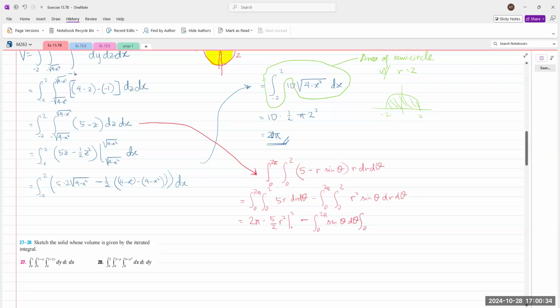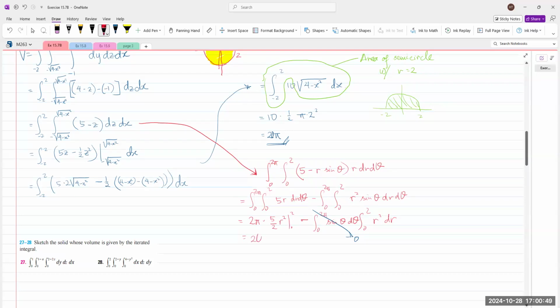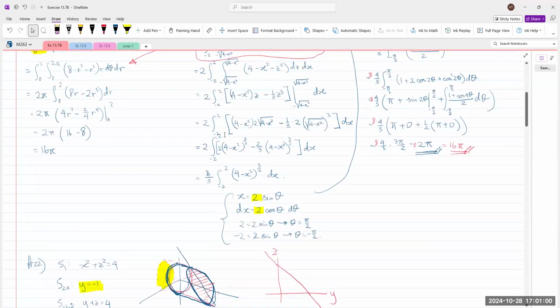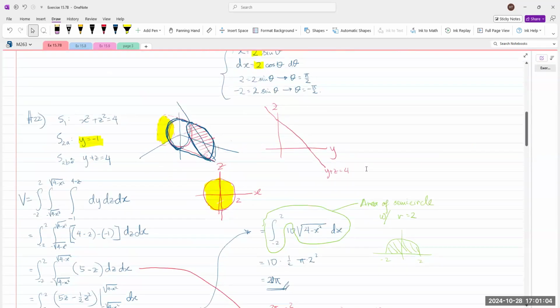Times the integral from 0 to 2 of r squared dr. Now, this part will give us 0, and this part here will give us the 20 pi, as we expect. I think converting it into polar will be a lot easier, instead of doing the long way, the way I did here, and that's why you see I made a mistake, right?